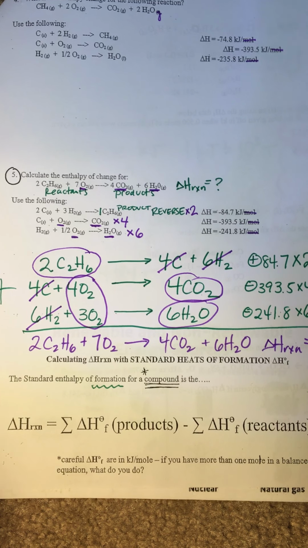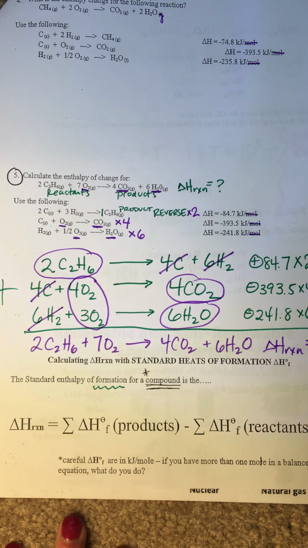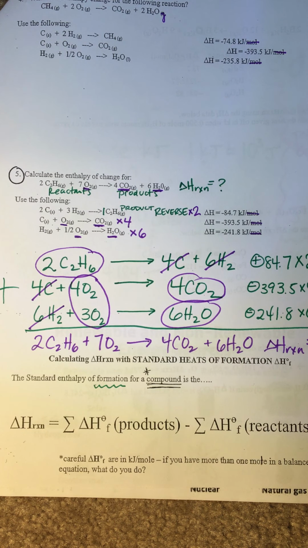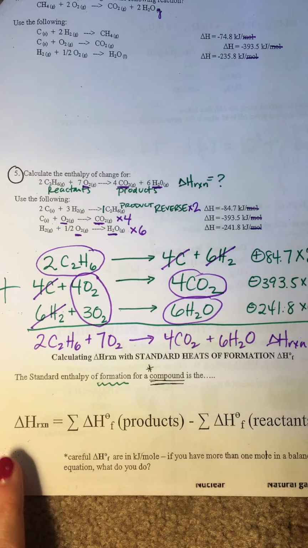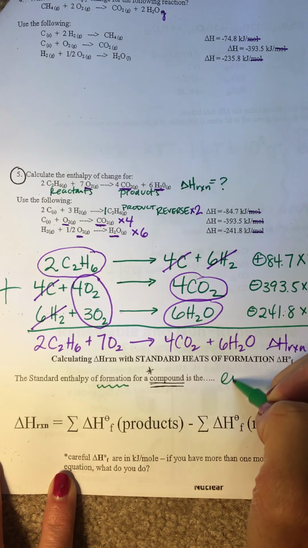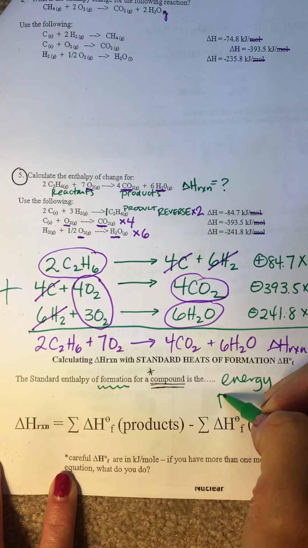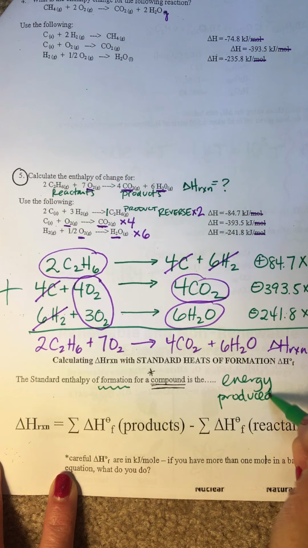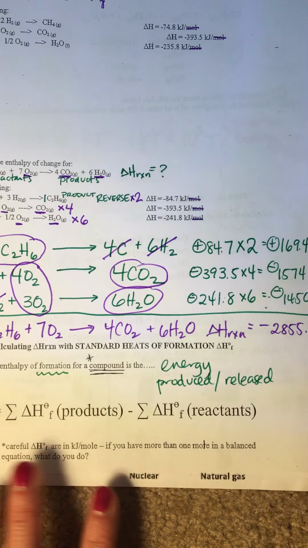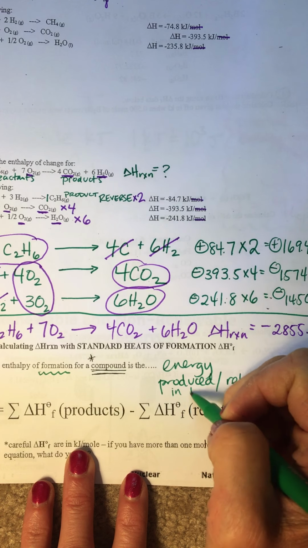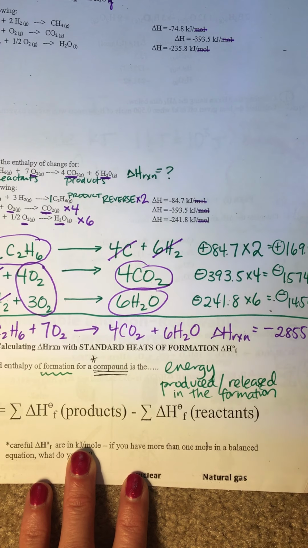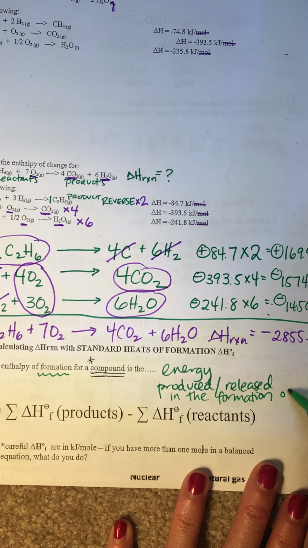So the standard enthalpy of formation for a compound is what we're going to be using. Again, it's the energy that is produced or released in that formation of the compound.